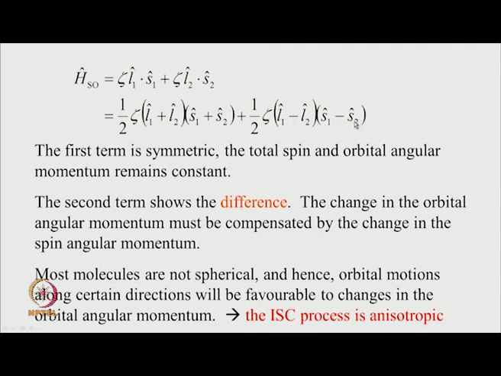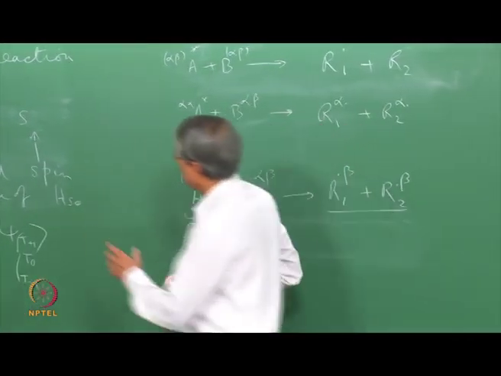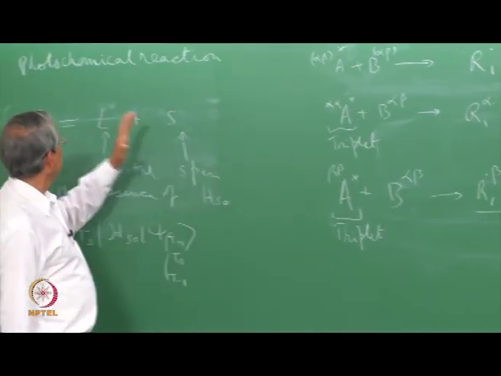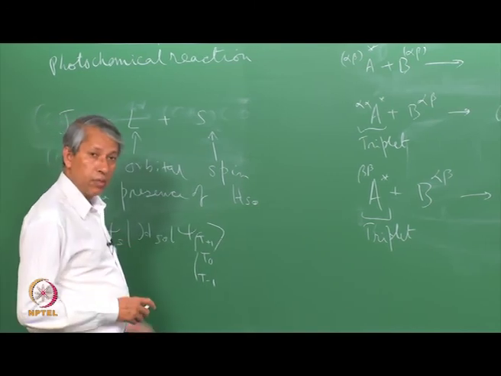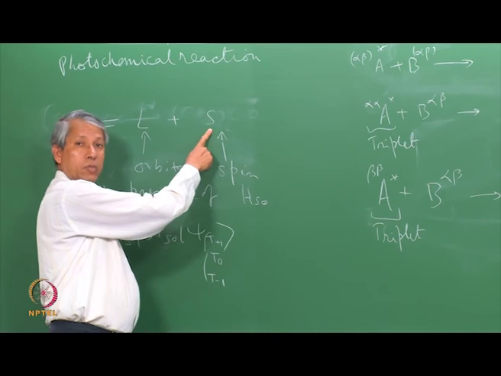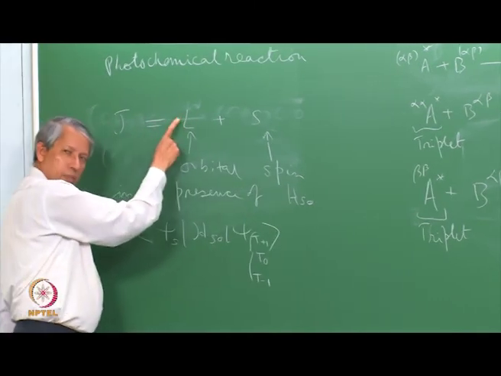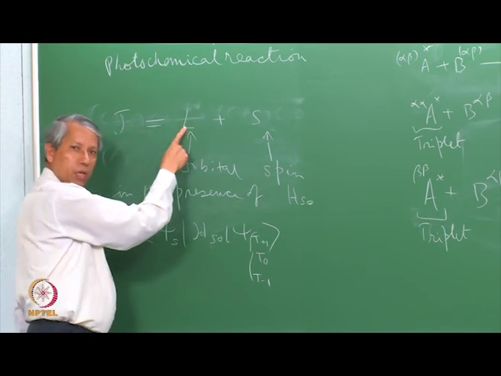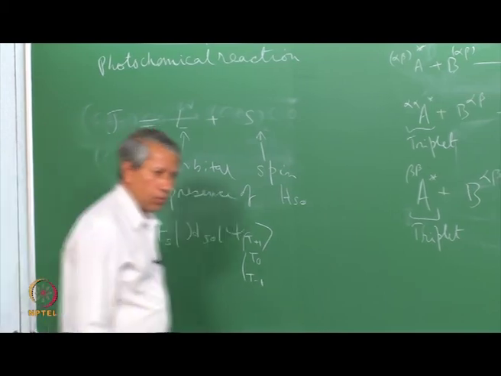That is, J has to be conserved, not necessarily this and this. So, the difference shows that if one is changing, the other must change in the opposite sense. Singlet to triplet intersystem crossing means I am creating 1 unit of spin angular momentum. So, that can be compensated by 1 unit of orbital angular momentum changing in the opposite sense.